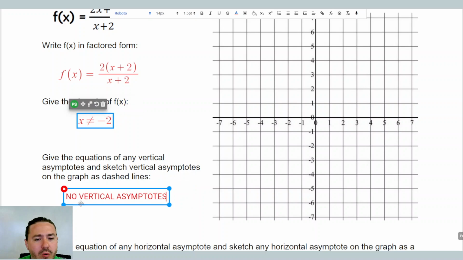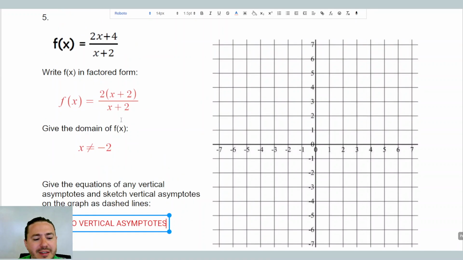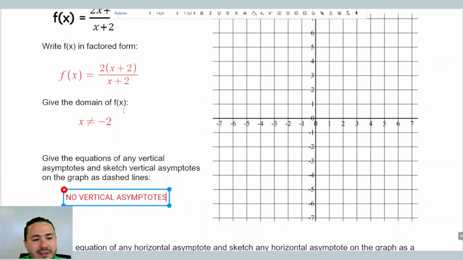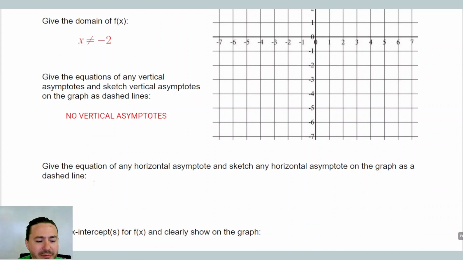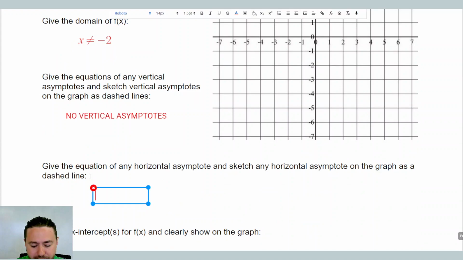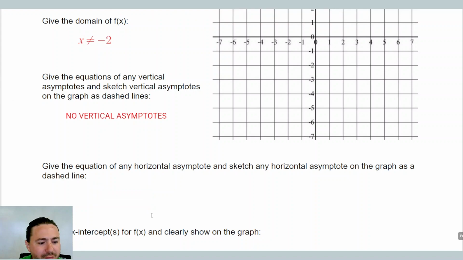As far as the horizontal asymptote goes, this one's kind of weird, but there is a horizontal asymptote at y = 2/1. Now, I don't want to spoil it for you, but we'll just say that there's a vertical asymptote at y equals 2.